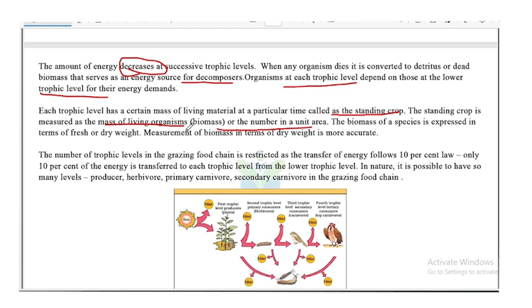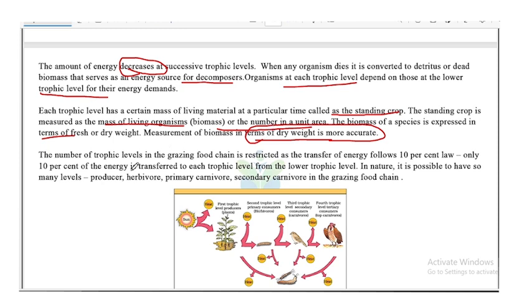So the standing crop can be measured in mass or in terms of number in a unit area. The biomass of a species is expressed in terms of fresh or dry weight. Measurement of biomass in terms of dry weight is more accurate. This is because the water quantity differs. So in the case of dry weight, the interference of that parameter won't be there.